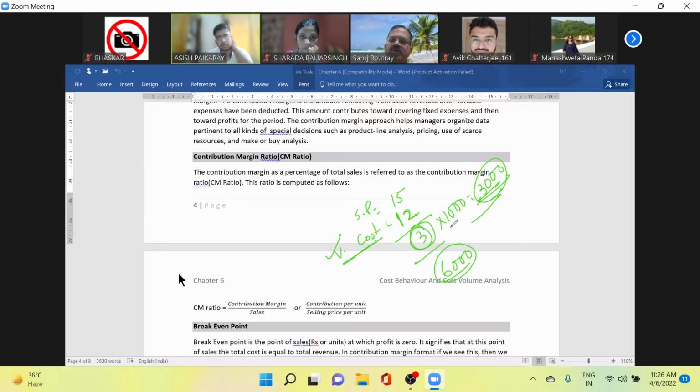From 1 unit you get 3, so if you sell 2,000 units, it will become 6,000. So you have to sell 2,000 units, and your contribution will be 6,000 and your fixed cost will be 6,000. So how much profit will you have? Zero profit. That will be your break-even point.